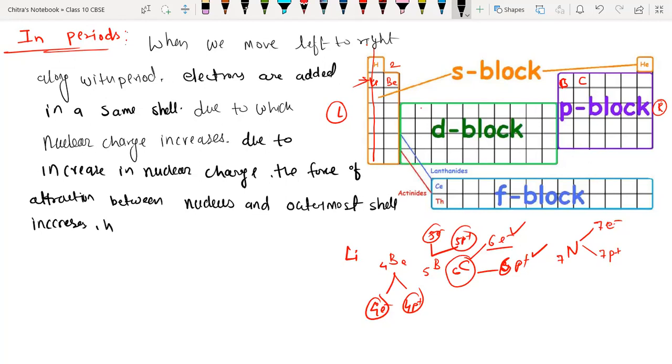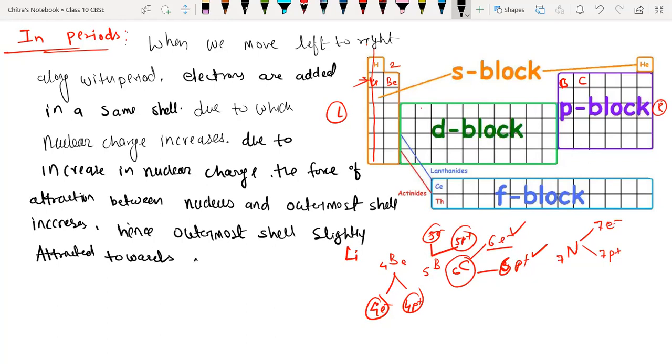Hence the outermost shell is slightly attracted towards the nucleus, leading to a decrease in atomic radius.